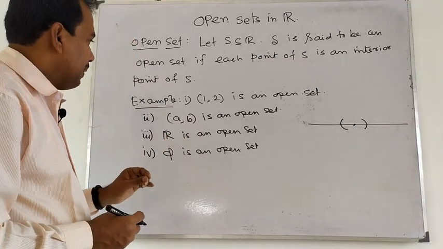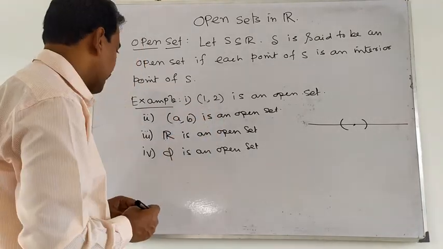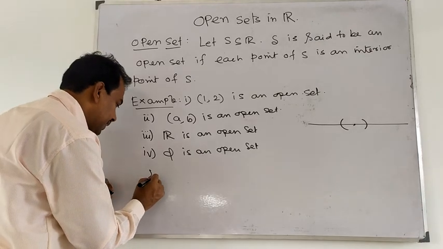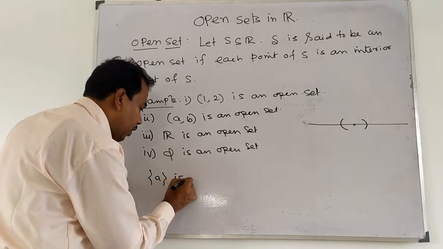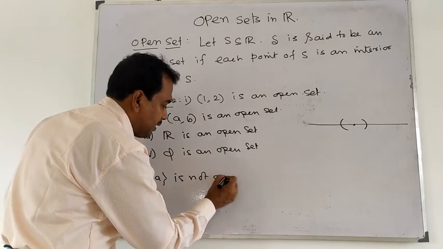Now we give an example which is not an open set. A singleton set {a} is not an open set.